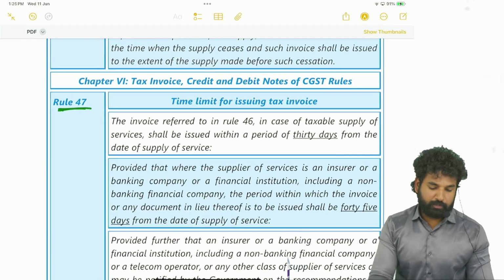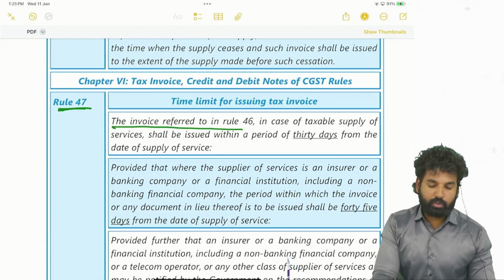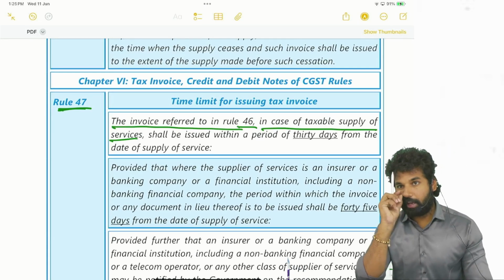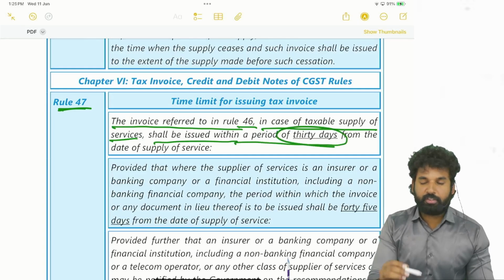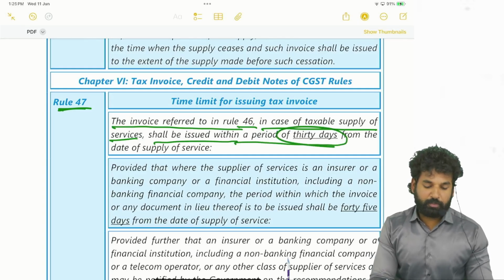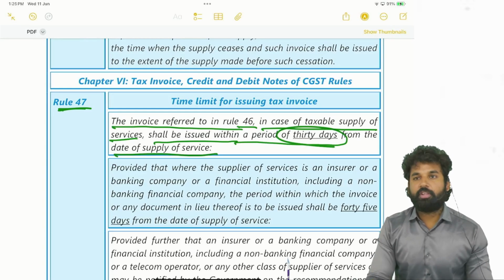So it is telling that the invoice referred to in Rule 46, in case of taxable supply of services, shall be issued within a period of 30 days from the date of supply of service. Okay.